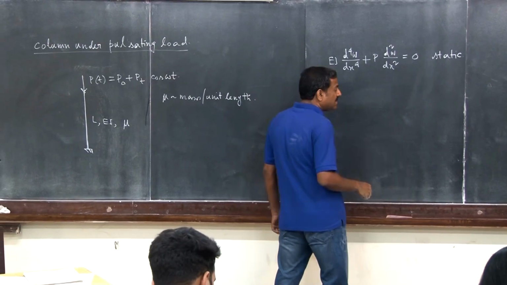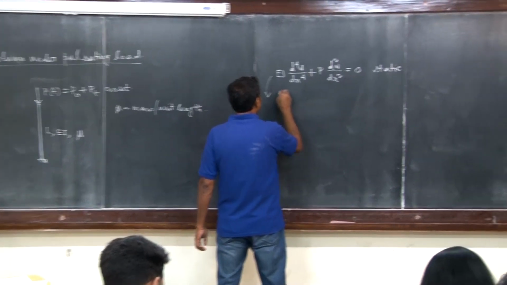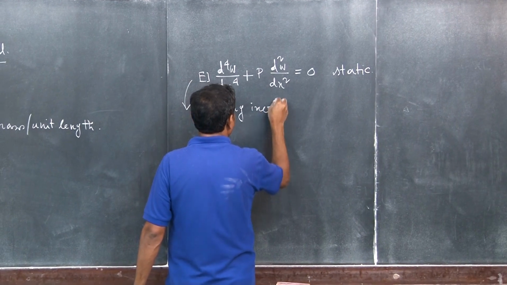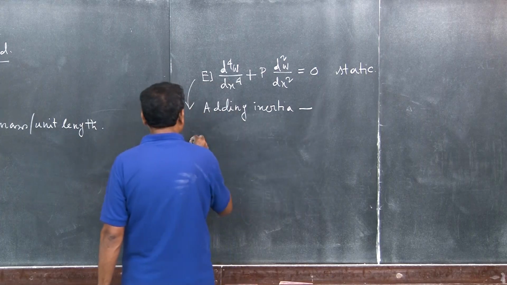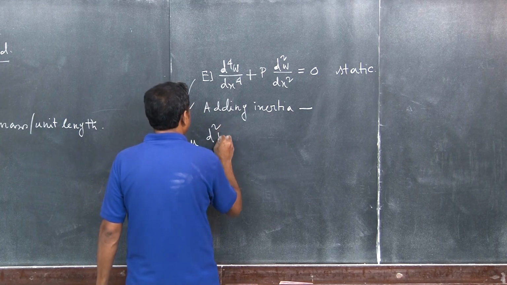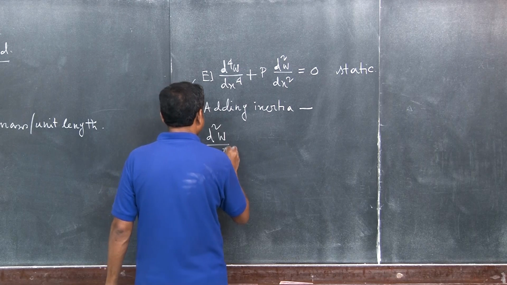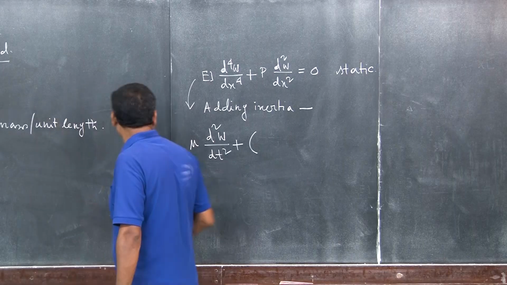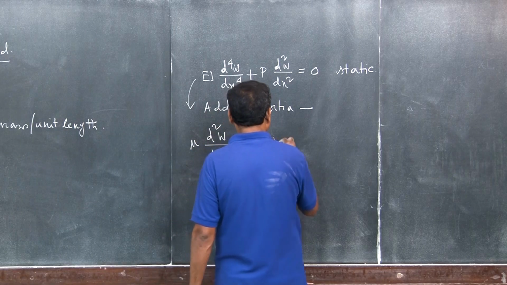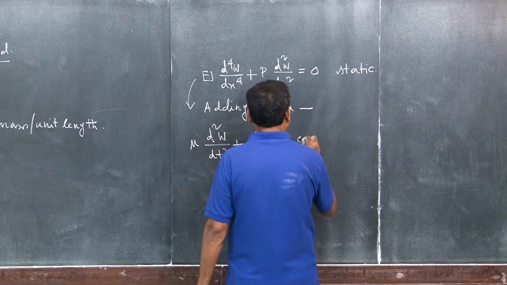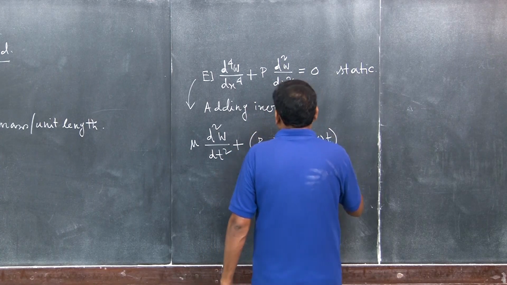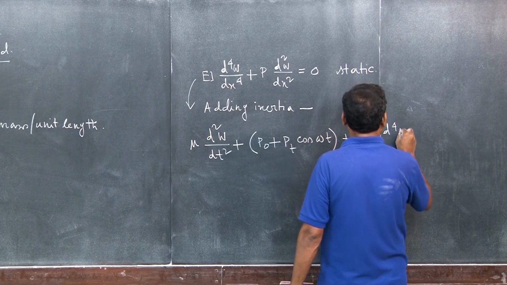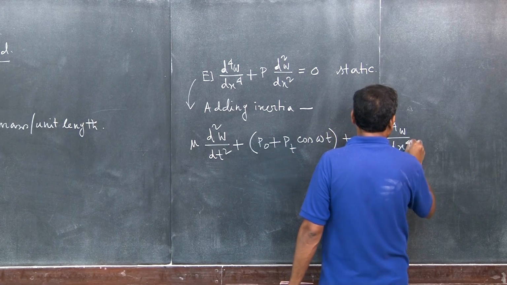So here inertia will come into the picture. By adding inertia to this equation, what will it be? mu d2w dt2 plus, here P will be P0 plus Pt cos omega t, times d2w dx2, plus EI d4w dx4 is equal to 0.